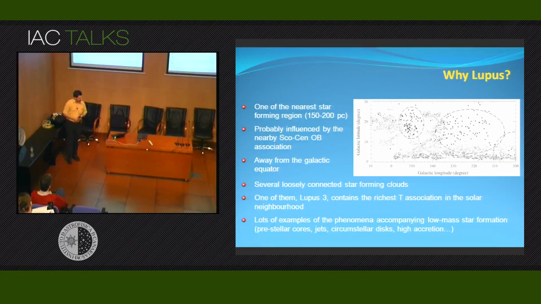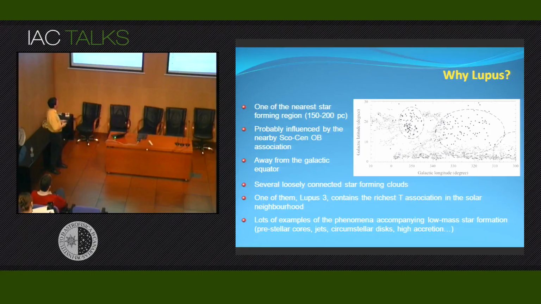Another interesting aspect is that the Lupus clouds, which lie here in the middle of this plot, are sandwiched between two OB associations, or two clusterings of OB stars belonging to the large Scorpius Centaurus Lupus OB association.